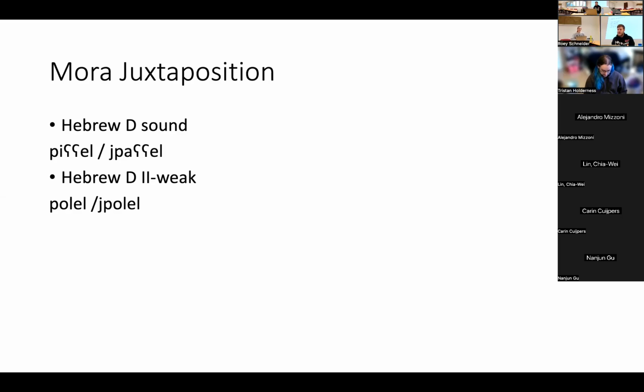But for middle weak verbs, there are several inflection schemes, but one of them is polel, yipolel. So instead of yakawem, for example, you have yakomem. So instead of geminating the second consonant, which is the vav, the third consonant is reduplicated. But this is still some kind of mora juxtaposition. Is everything clear?